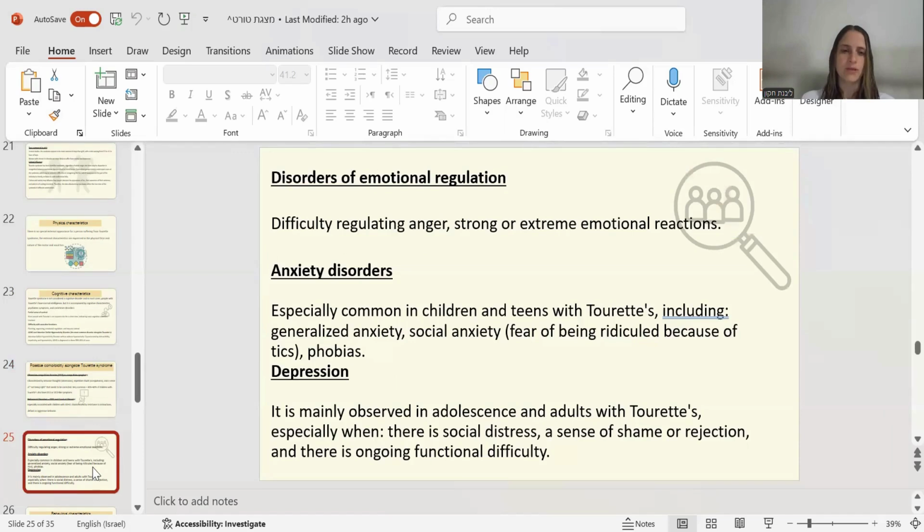Anxiety disorders, especially common in children and teens with Tourette's, including generalized anxiety, social anxiety, fear of being ridiculed because of tics, phobias. Depression is mainly observed in adolescents and adults with Tourette's, especially when there is social distress, a sense of shame or rejection, and ongoing functional difficulty.